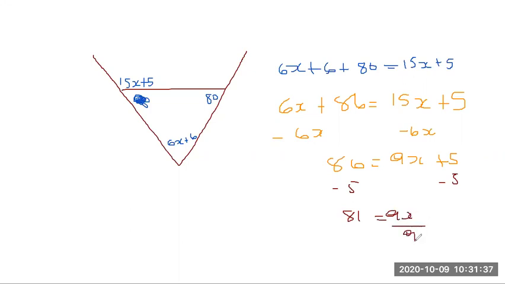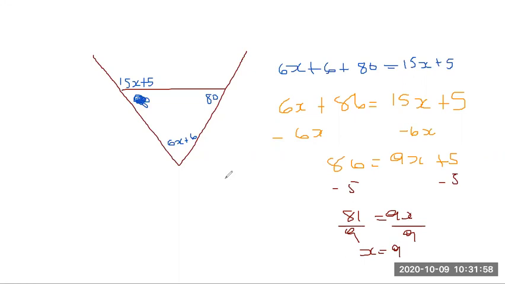Then divide both sides by 9. So x is equal to 9. Now, in order to figure it out, I need to go in and substitute my 9 where x is, sorry.